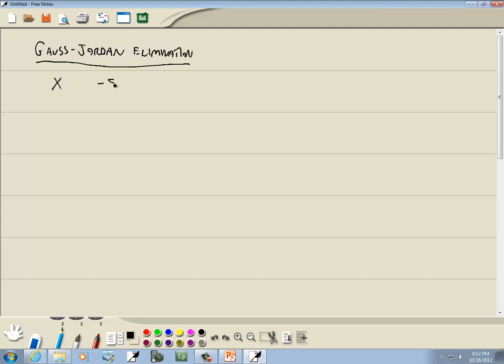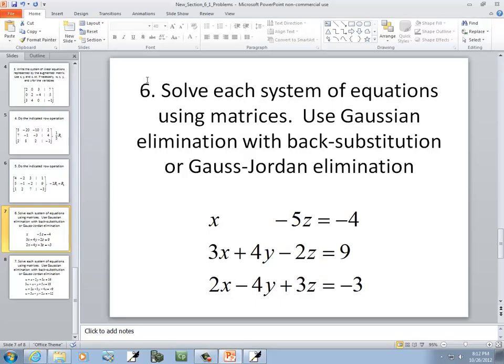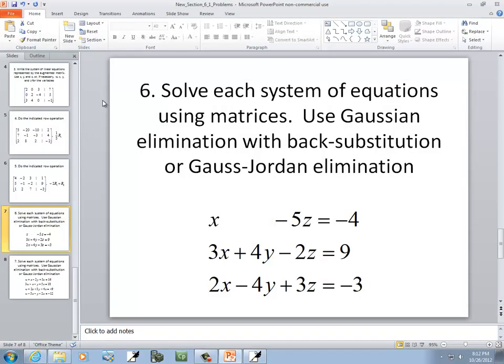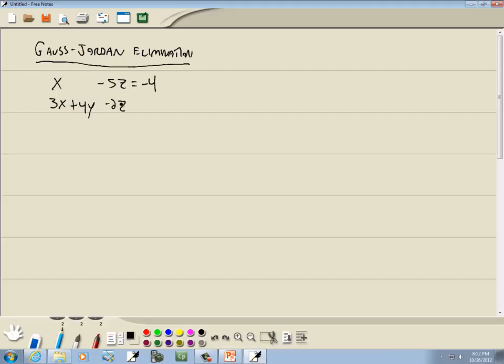We've got x minus 5z is equal to -4. 3x plus 4y minus 2z is equal to 9. 2x minus 4y plus 3z is equal to -3.